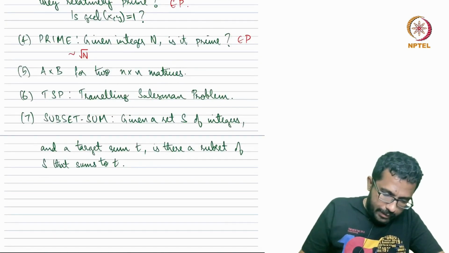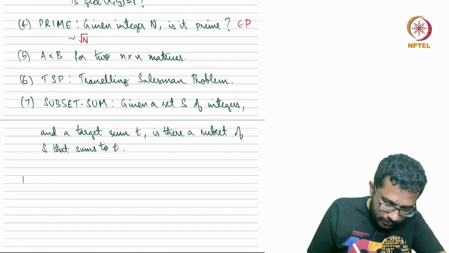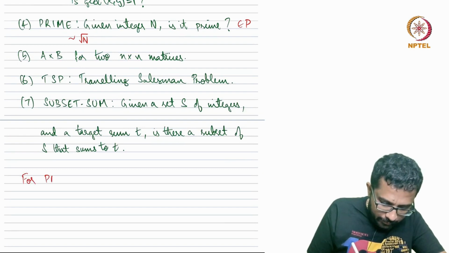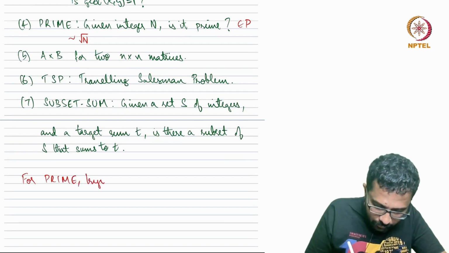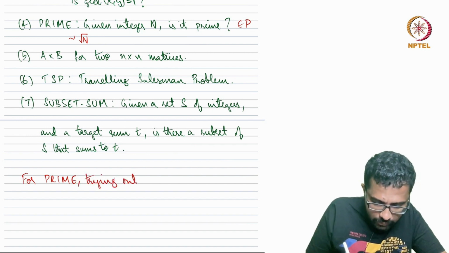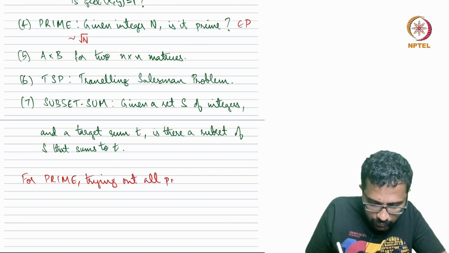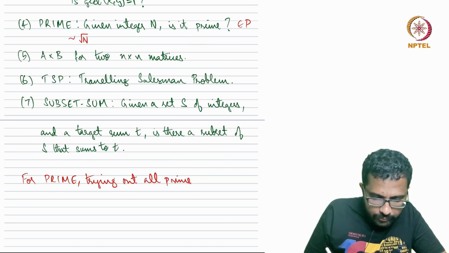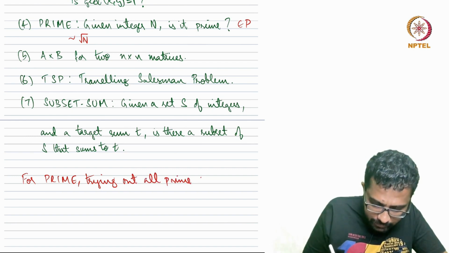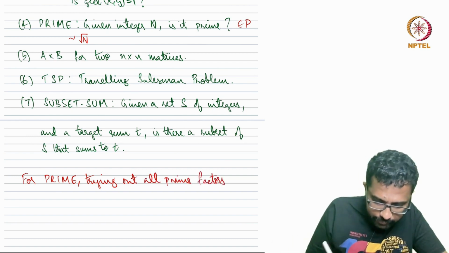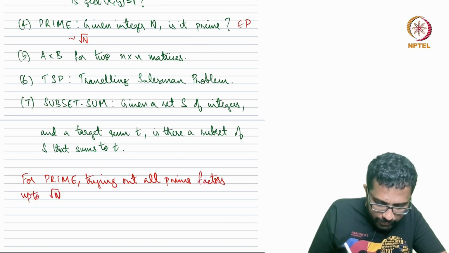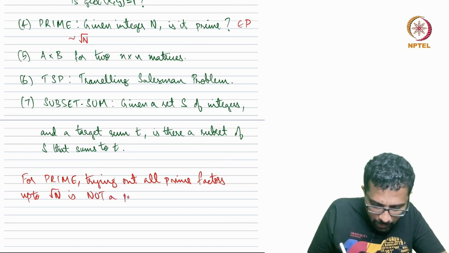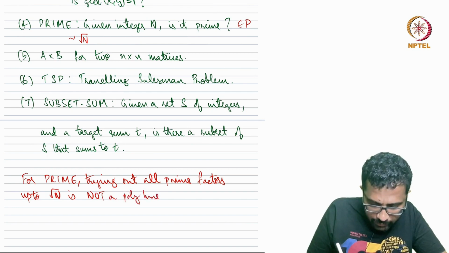Okay, maybe I'll just write here, for prime, trying out all prime factors up to square root n is not a polynomial time approach.